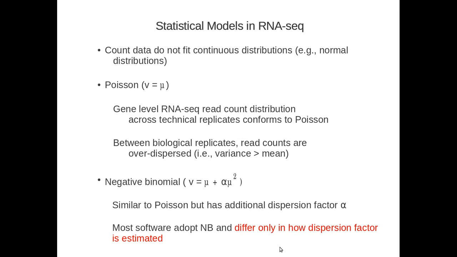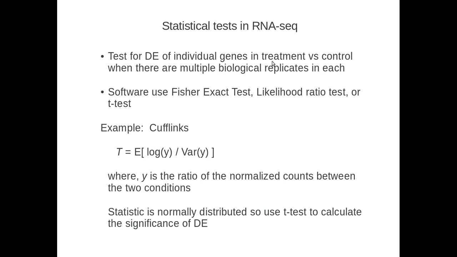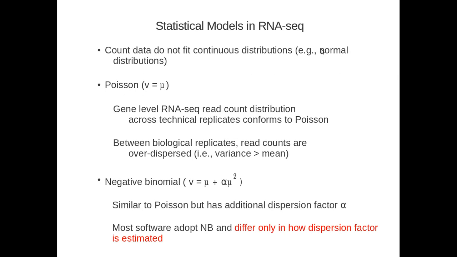The second step that I mentioned is that we need to estimate parameters from the statistical models. So this is primarily the variance. The mean and variance are the parameters of the models that we're interested in. I should point out that count data do not fit a continuous distribution, so we generally don't use the normal distribution in our analysis.